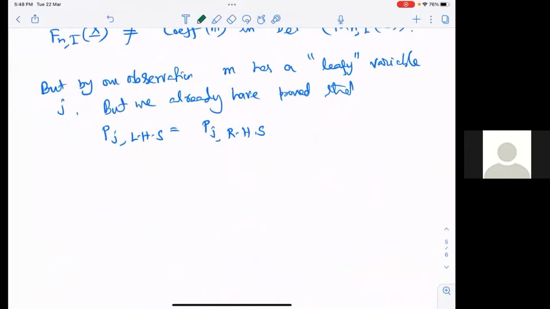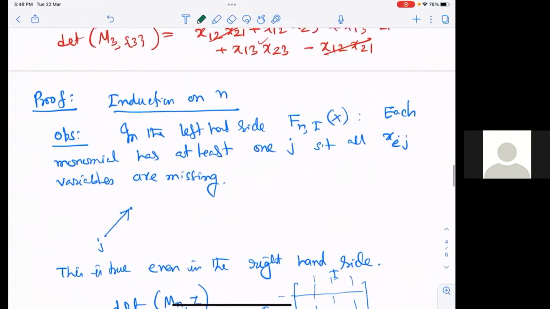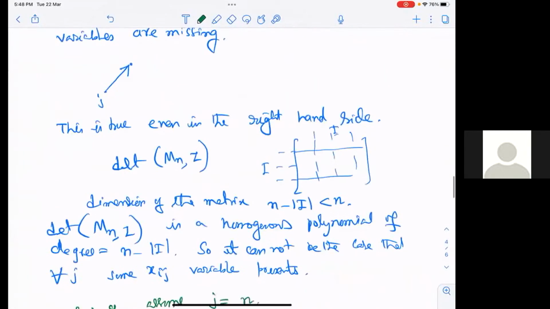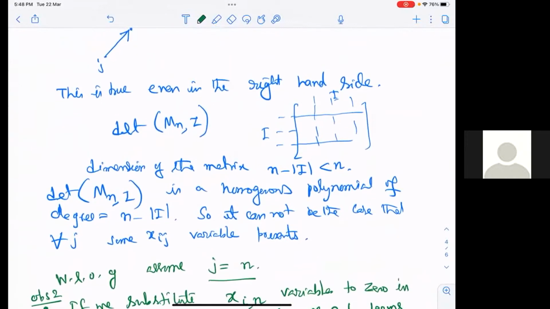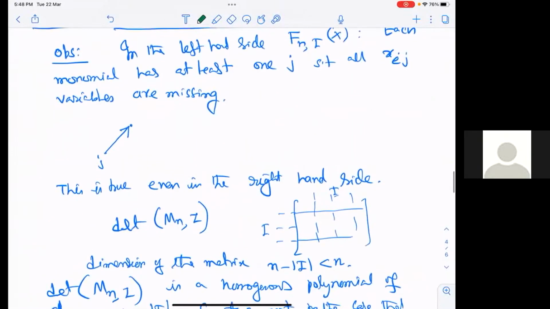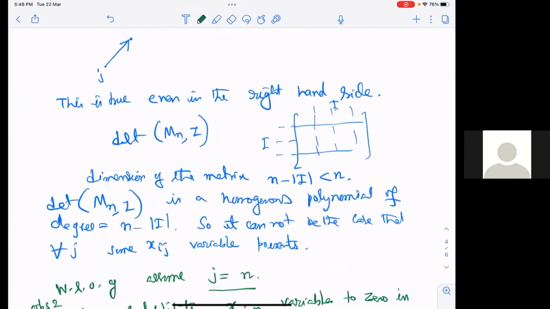Yes. Sir, could you repeat the proof of the first observation again? One minute. Let me just go back. For the right hand side. You mean this one? Yes, sir. So you want to go over the proof again? Yes, sir. For the right hand side, I didn't get why the degree prevents us from having all of the xij's.